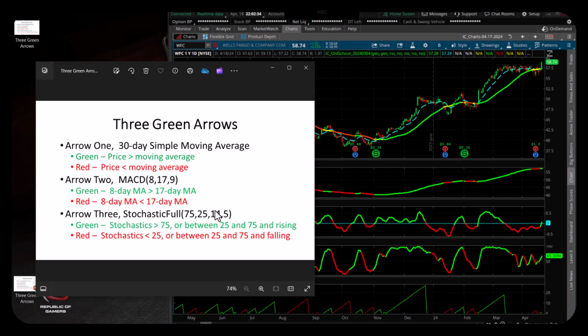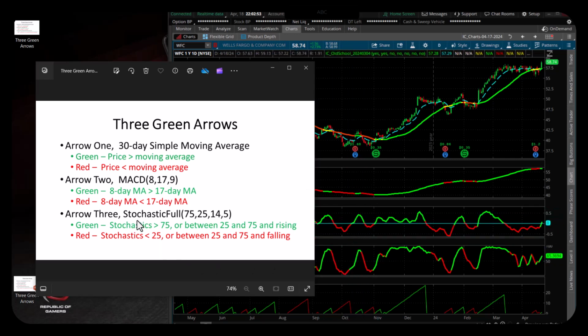The last arrow is associated with the StochasticFull study. 17, 75, 25, 14, 5 are the parameters in the StochasticFull. It's a little bit more involved than the other two.